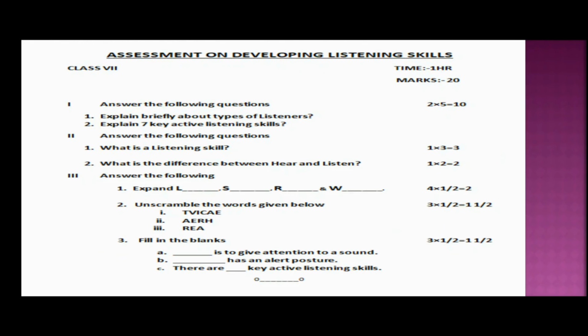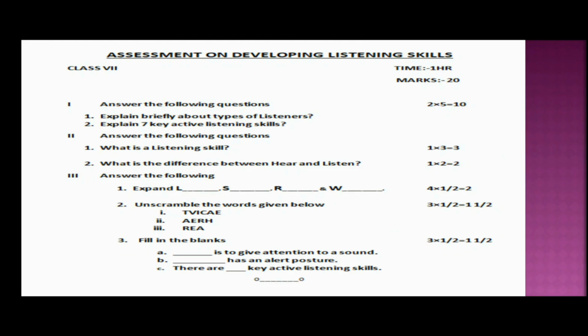Here there is an assessment for you all on our topic, developing listening skills. This is an assessment for class 7. Time is 1 hour, and the marks are 20, and there are 3 Romans. First Roman: answer the following questions.